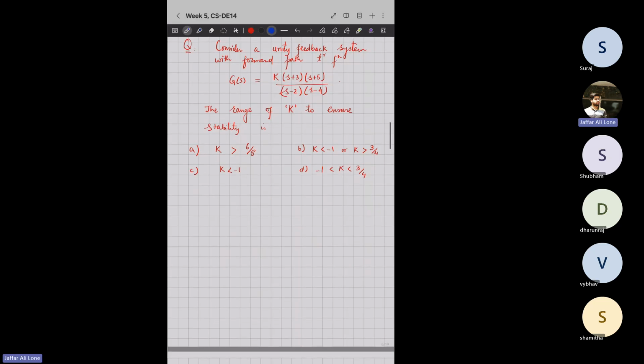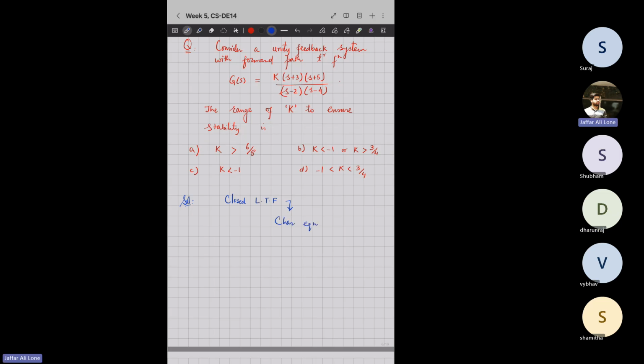Or anyone can give me an idea, then we can solve it. We need to find out the closed loop transfer function, sir. Very good. I'll write the closed loop transfer function. Then the characteristic equation, we always take the denominator, sir.